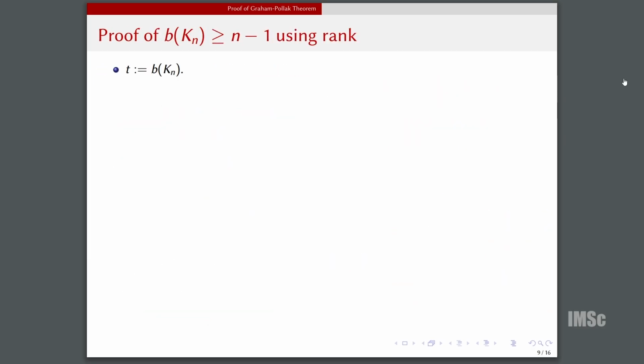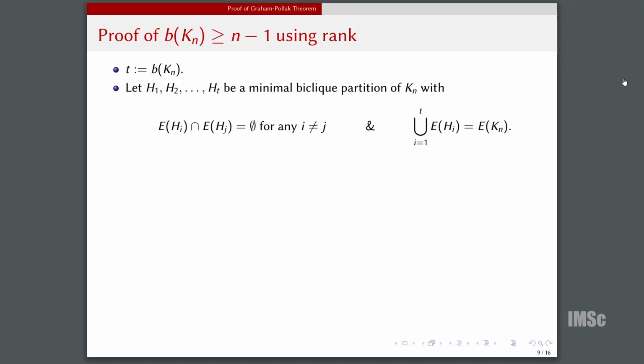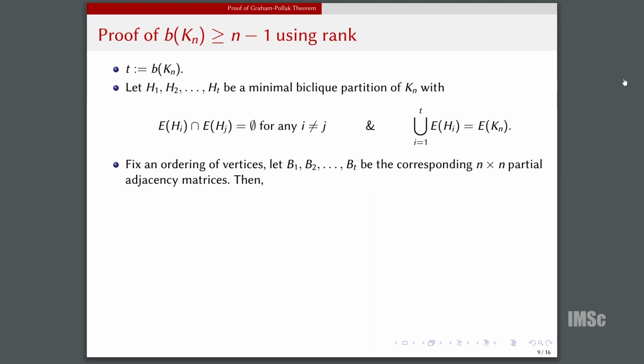So let's call B of K_n, the biclique partition number, T. Let's consider some minimal biclique partition H_1 up to H_t, where t is B of K_n. It should satisfy two conditions. The first is that all the edges of these bicliques should be disjoint. The second is that their union should be all of E of K_n.